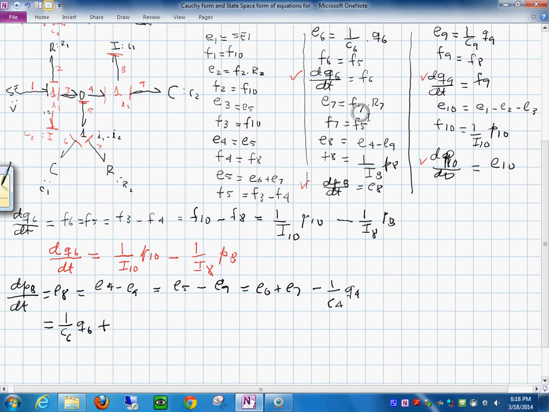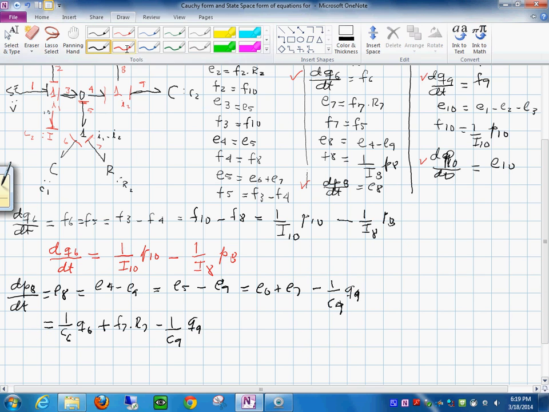So that is F7 times R7 minus 1 over C sub 9, I believe it is. Or is it? Yeah, no. This is not a 4, it's a 9. It's 1 over C sub 9 Q sub 9.